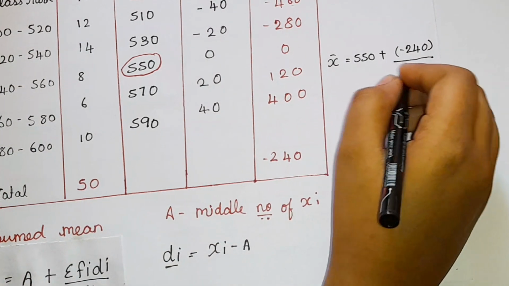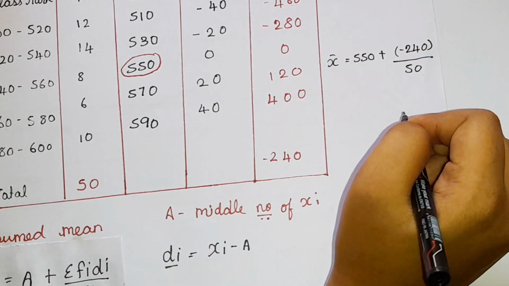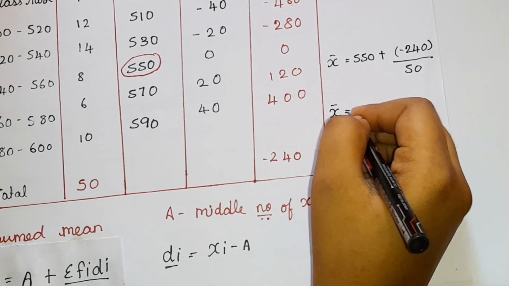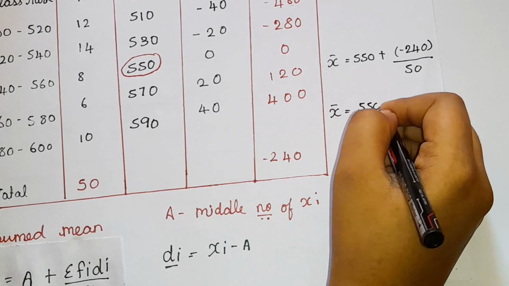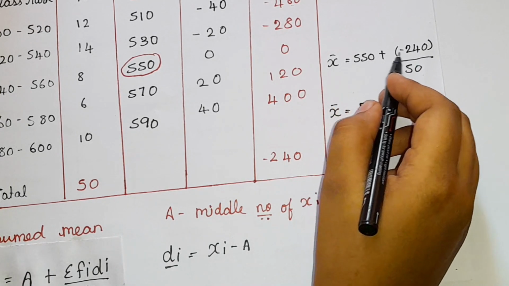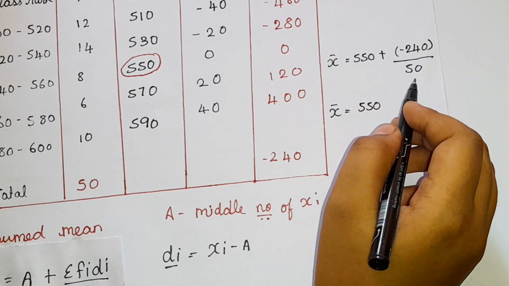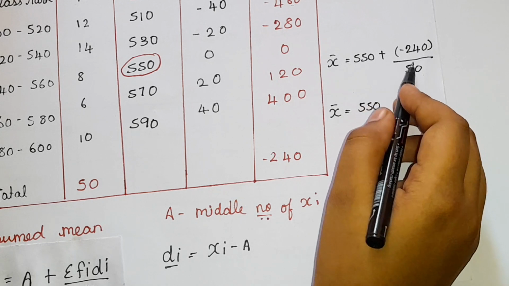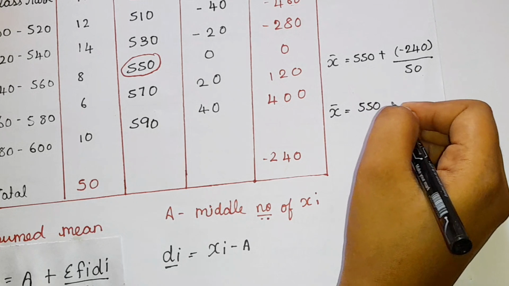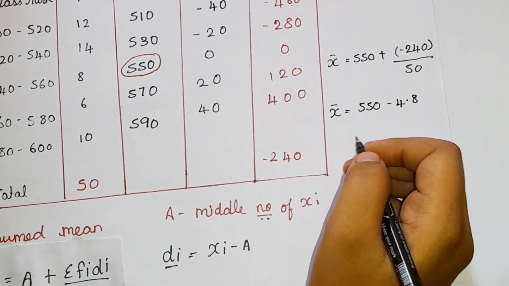Now just solve the signs. After solving the sign, we'll get x bar is equal to 550 as it is, and plus into minus gives minus 240 divided by 50. So just divide it: minus 240 divided by 50, we'll get minus 4.8.